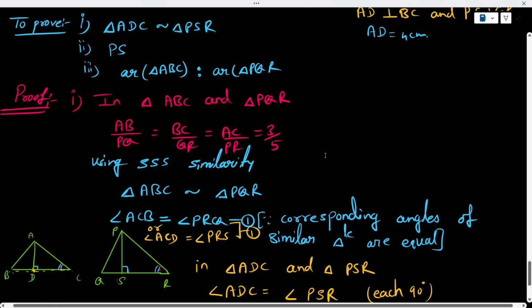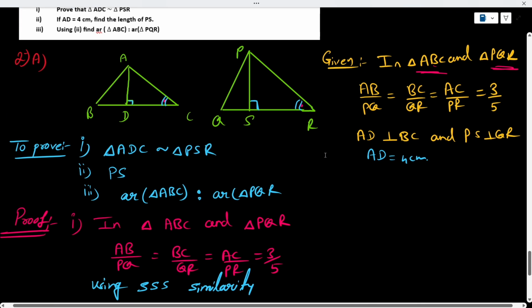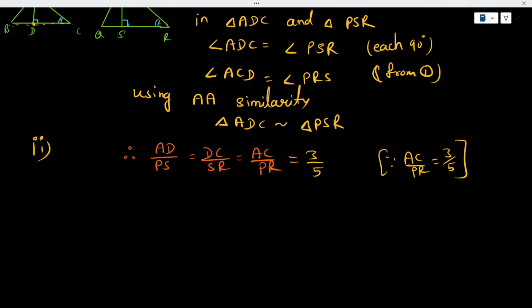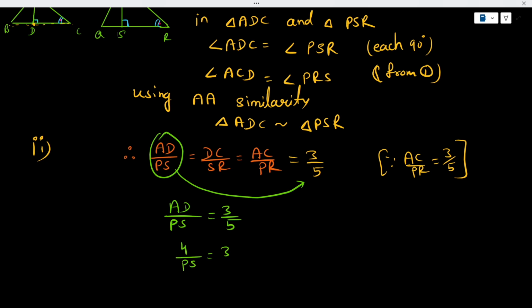What else is given here? AD is given as 4 centimeter, you need to find out PS. So here, in this ratio, I can equate AD by PS equals 3 by 5, and since AD is 4 centimeter, PS equals 20 by 3 centimeter.